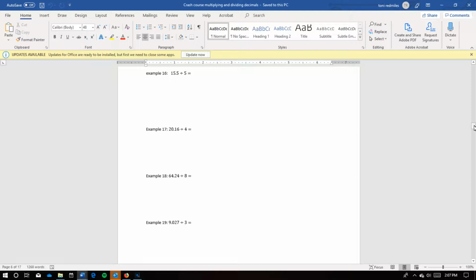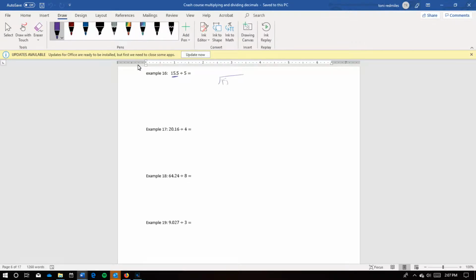All right, so let's start example 16. In this first one we have 15.5 divided by 5. The first number goes inside the hat. Let me make a little guide over here. The second number goes on the outside. Now it's very important that that outside number does not have a decimal in it.